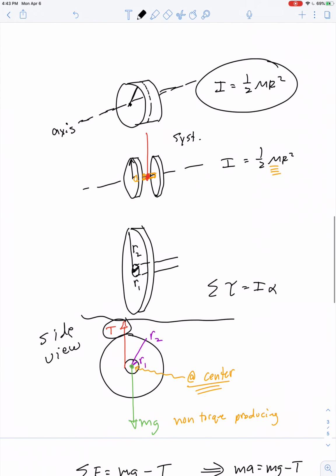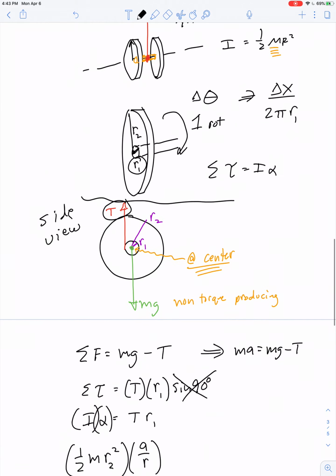So as it unwinds, one full rotation, right, if we go one rotation, that's an angular displacement. Well, that corresponds to a linear displacement of 2 pi r. And that would be 2 pi r1, right? So that's what we mean here.